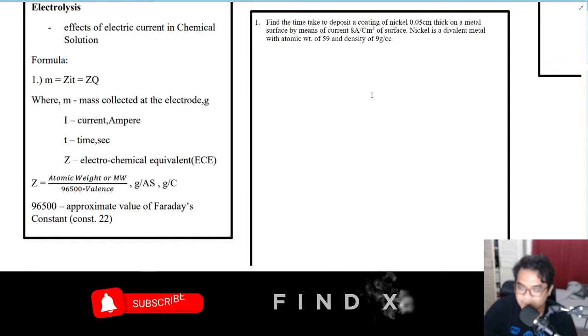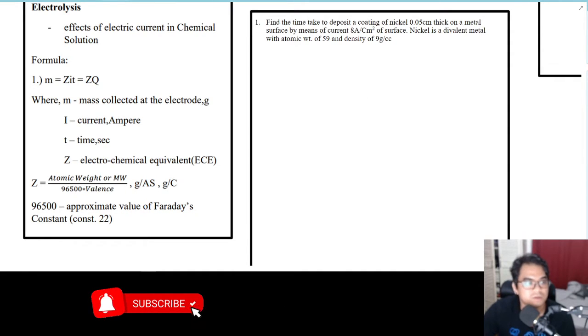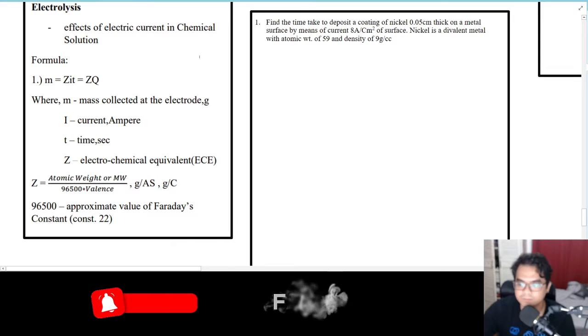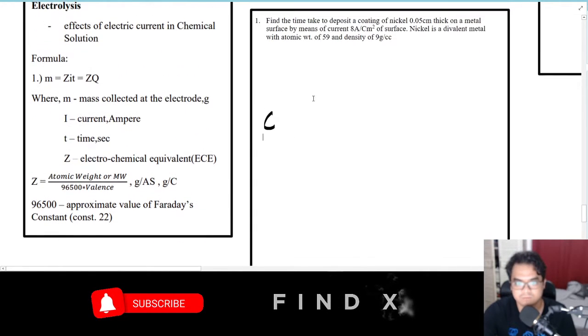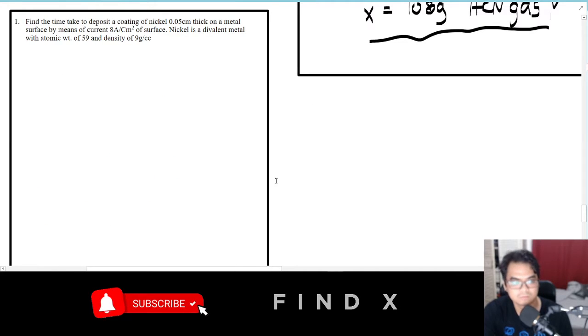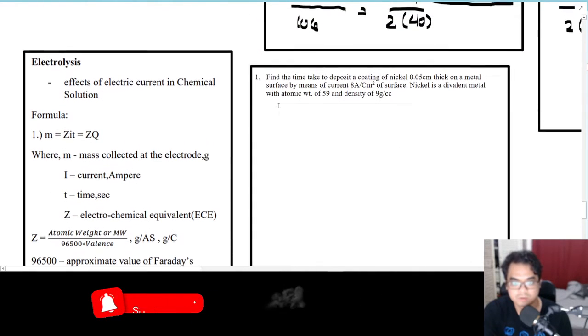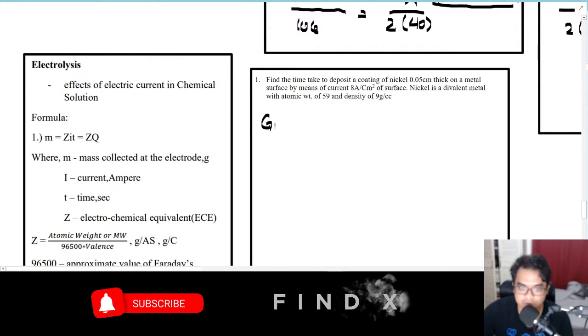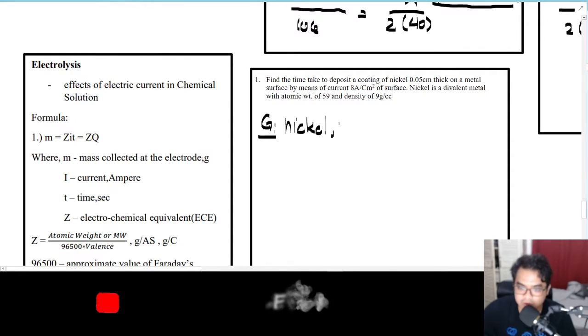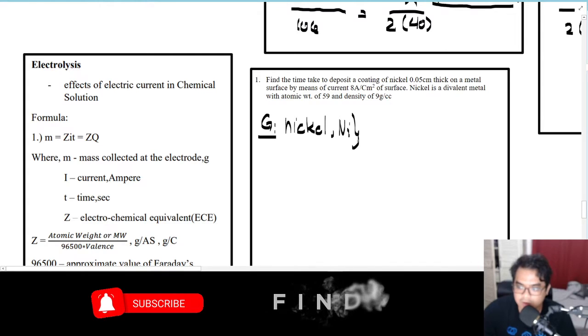Because that is gram per cubic centimeter. So that's cube. Okay. We have here the given, and this is actually nickel. So let's list down all the things that we know about nickel.